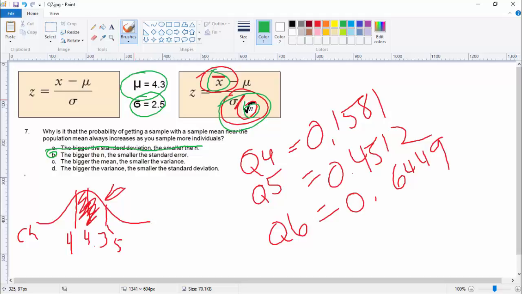Well, they don't have anything to do with each other, so this is a dumb answer too. And then finally, the bigger the variance, the smaller the standard deviation. Well, that's dumb too, because the bigger the variance, you take the square root, you get the standard deviation. The bigger the variance, the bigger the standard deviation, so it's the opposite. So that's dumb too.